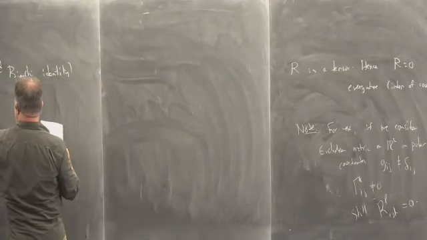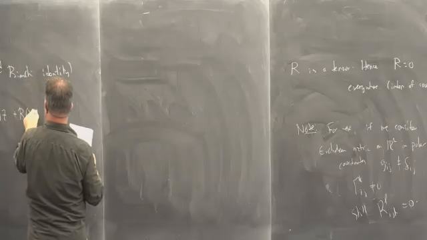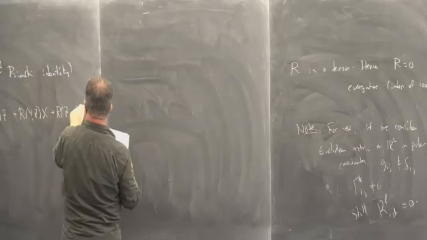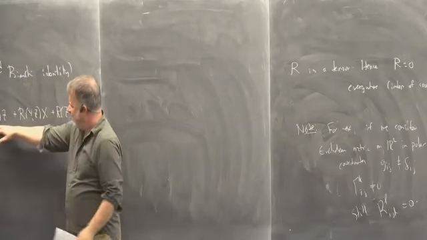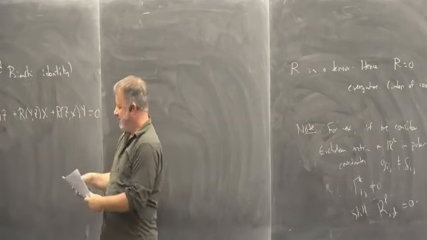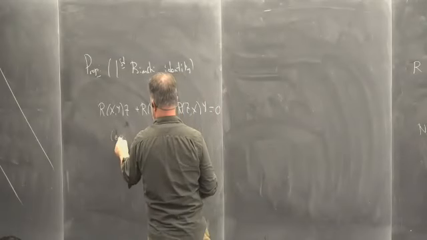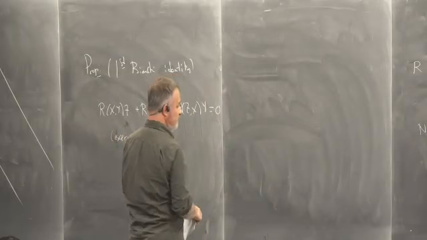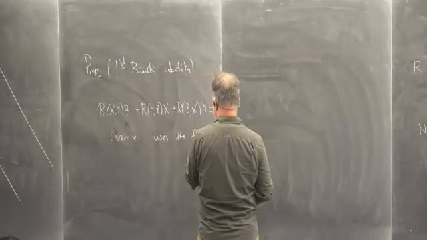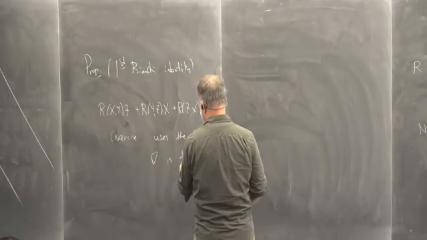It says that R of x, y, z plus R of y, z, x plus R of z, x, y equals 0. If I cyclically permute x, y, z, keep them in the same order and add, I get 0. And this is an exercise. Just write down the definition, and it uses the fact that the Levi-Civita connection, nabla, is torsion-free.